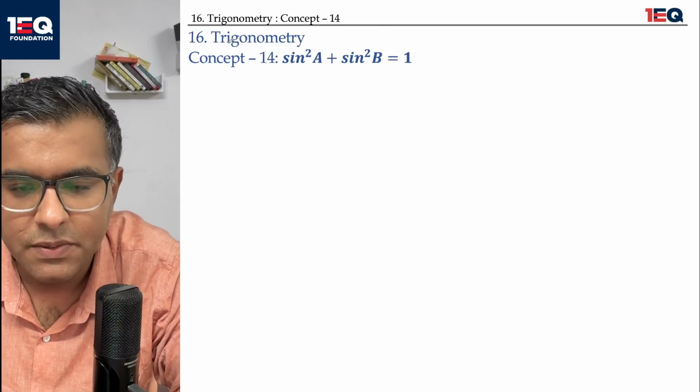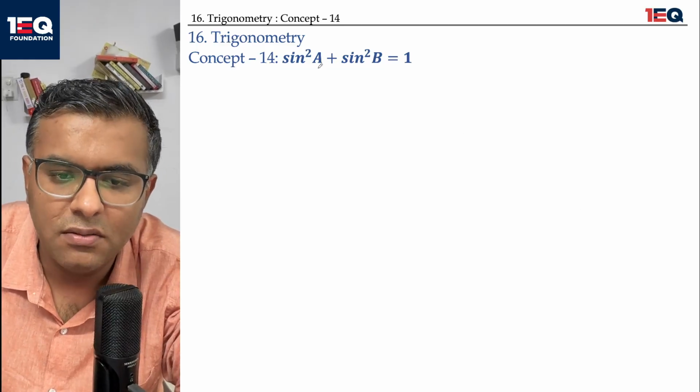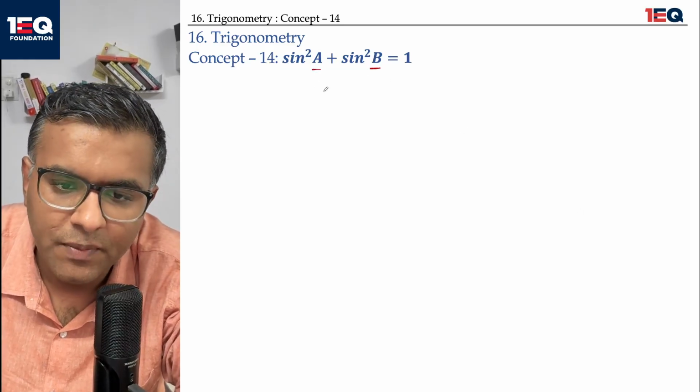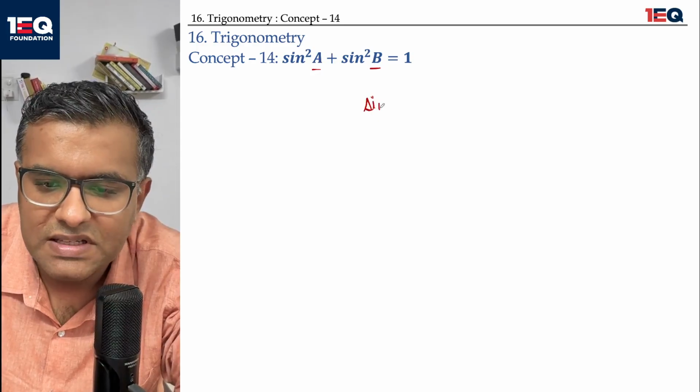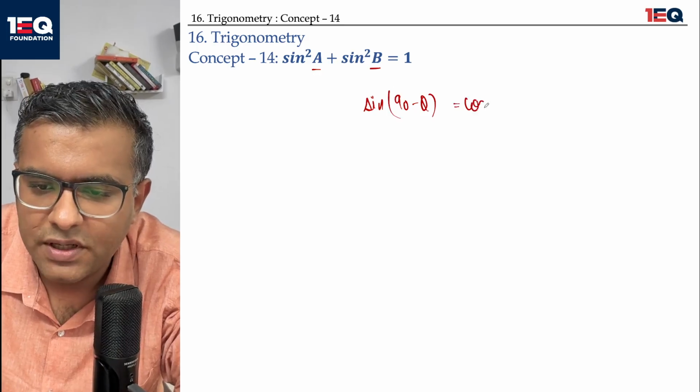Moving forward, sine square A plus sine square B is equal to 1. In this situation, A and B are definitely complementary because sine of 90 minus theta is equal to cos theta.